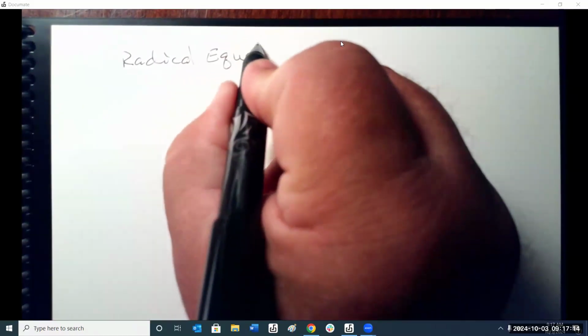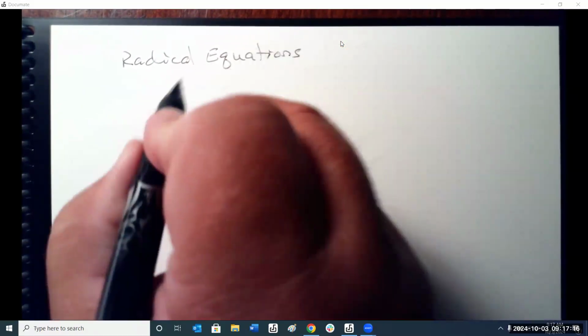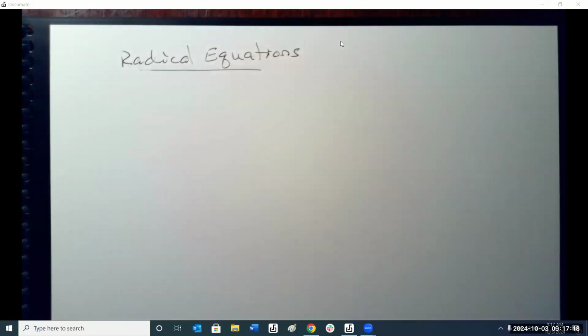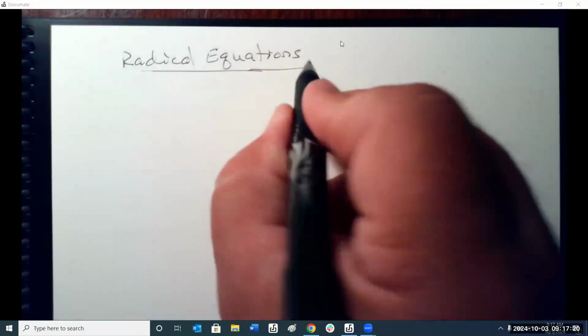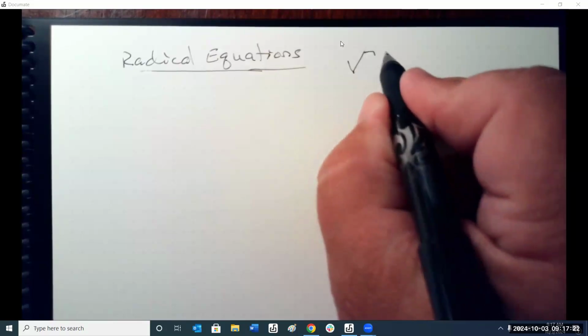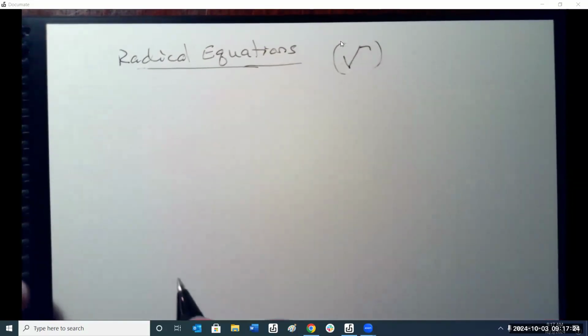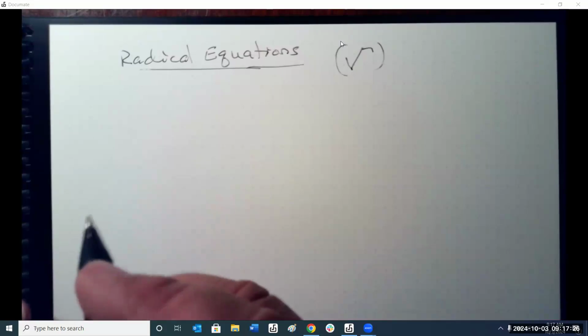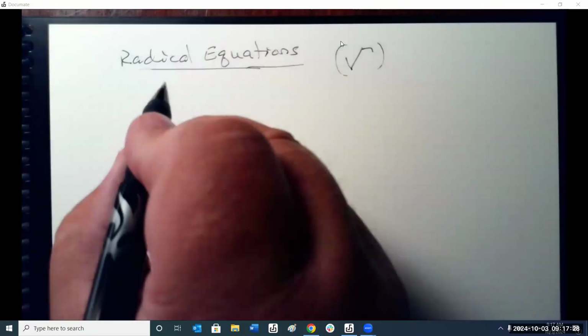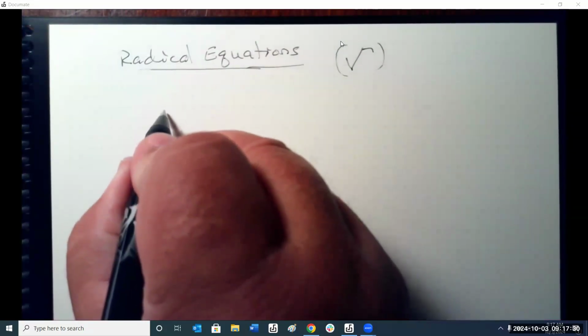Radical equations, with square roots. All right, so let's look at this.